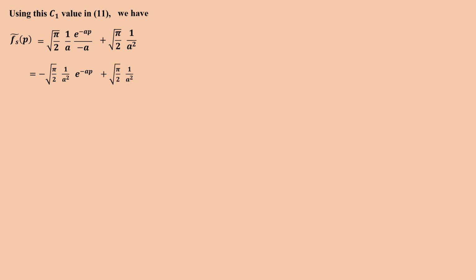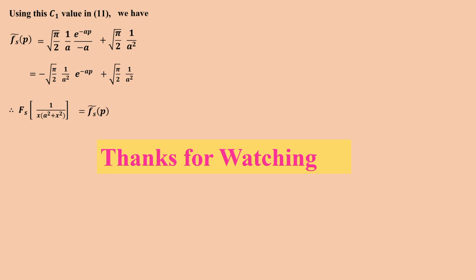Using this c1 value in equation number 11, we have fs bar of p is equal to root of pi by 2 into 1 by a e power minus ap by minus a plus root of pi by 2 into 1 by a square, that is minus root of pi by 2 into 1 by a square e power minus ap plus root of pi by 2 into 1 by a square. Therefore, the Fourier sine transform of 1 by x into a square plus x square, fs bar of p, is equal to minus root of pi by 2 into 1 by a square e power minus ap plus root of pi by 2 into 1 by a square.